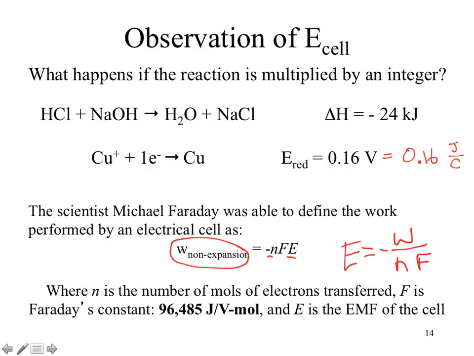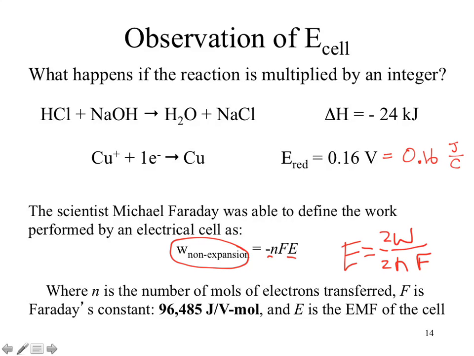If our work doubles by doubling the reaction, we also double the number of moles of electrons. Our net result is no change. So our cell potential does not change when we double the reaction, or triple the reaction, or any multiple thereof.